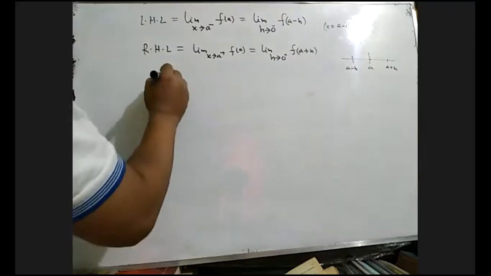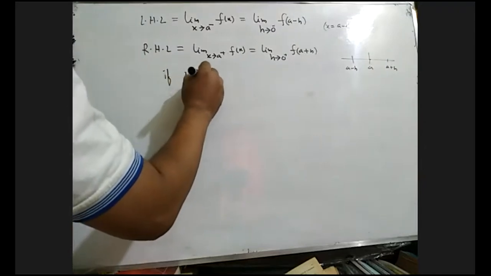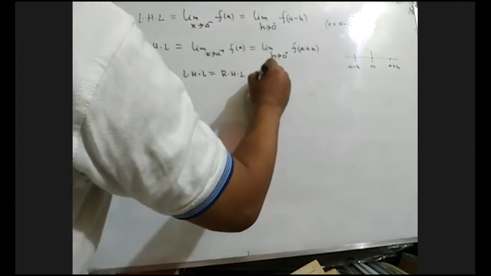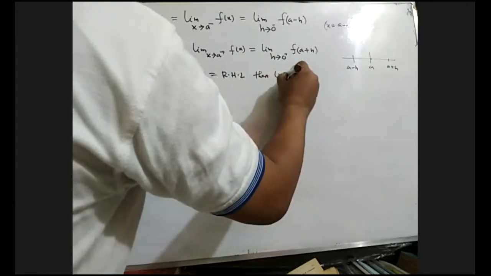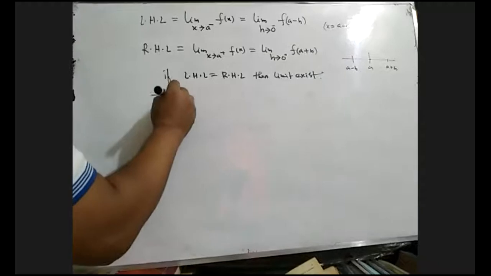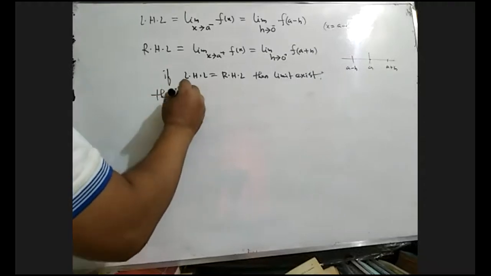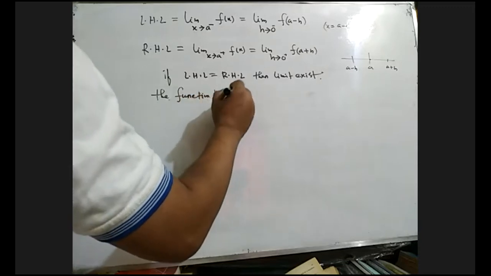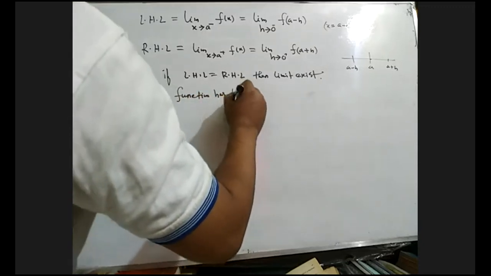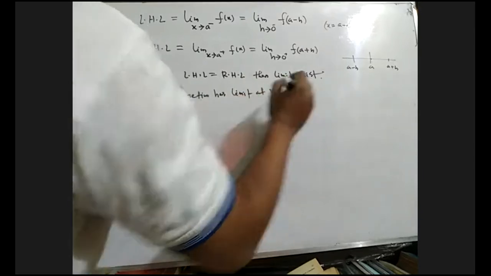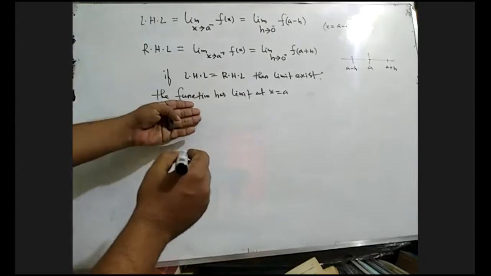If the left hand limit equals the right hand limit, then the limit exists, that is, the function has a limit at x equals a.